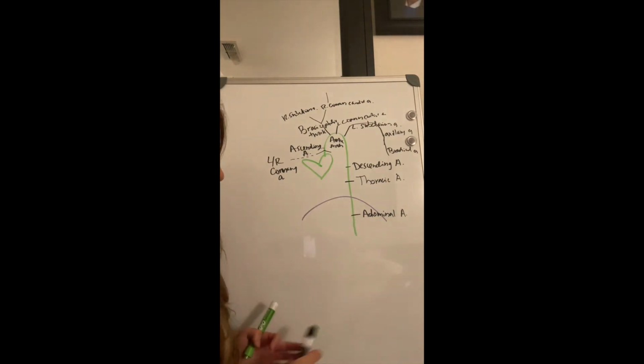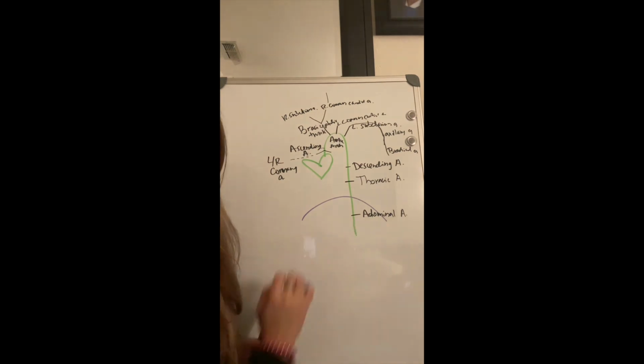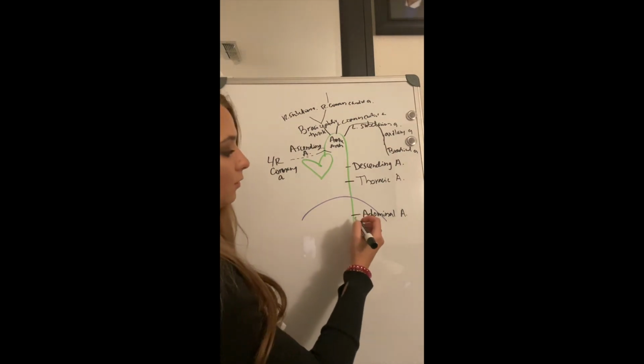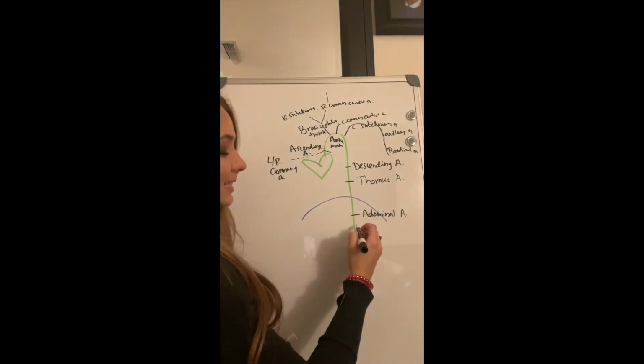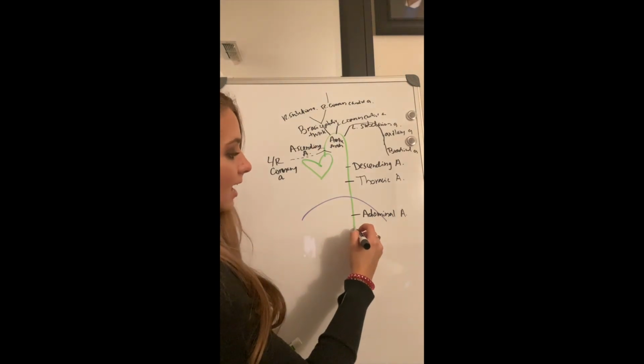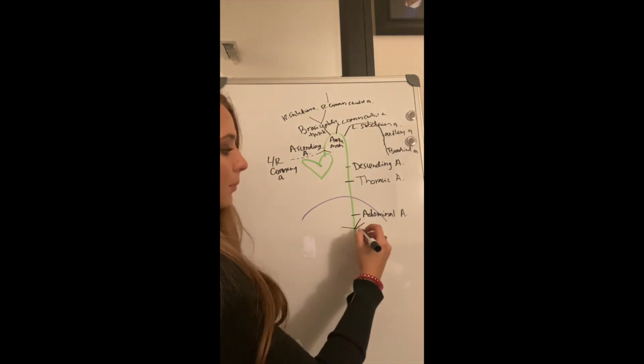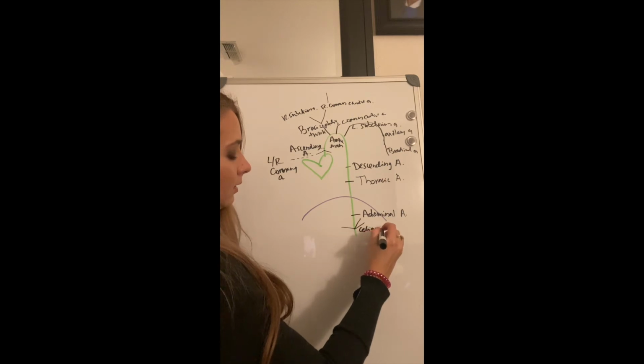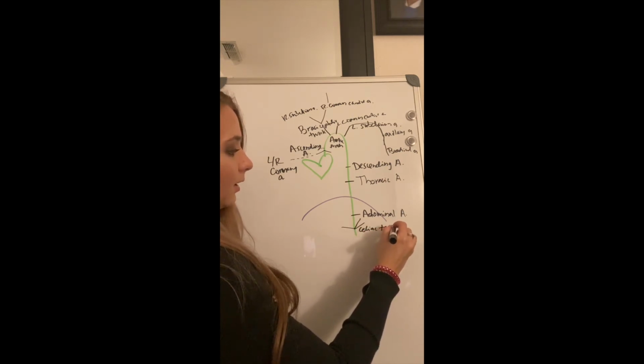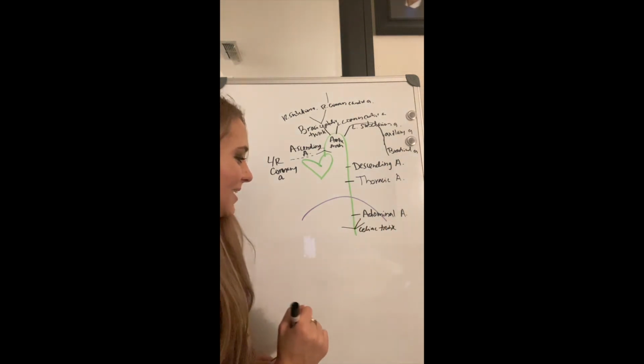If we were going to go down to the abdominal aorta, there's a few really important things to note. From the abdominal aorta, you have something called the celiac trunk, and the celiac trunk itself actually has three different branches. And I'll let you do the homework on that and label them in.